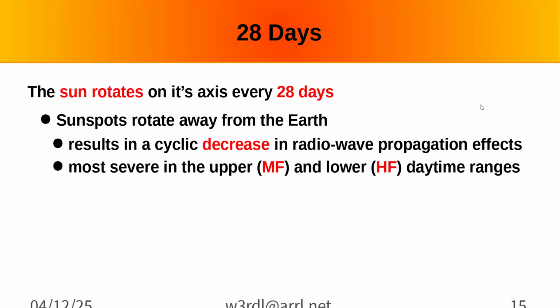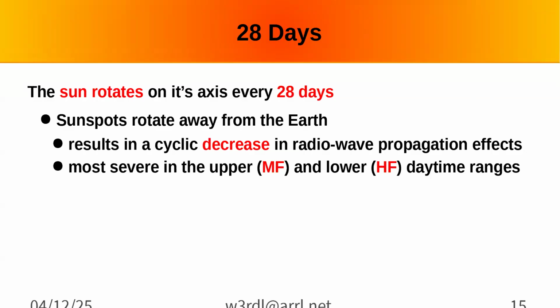Okay, the sun rotates on its axis every 28 days, although I've seen a lot of things that say the surface of the sun rotates at 28 days, not necessarily the center. I don't know, because it's kind of like a liquid. So the outside's turning, and the sunspots that you see are rotating on that surface.